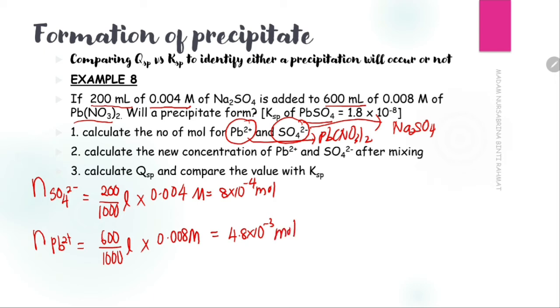The new volume after mixing is 200 milliliters plus 600 milliliters, which equals 800 milliliters. So you need to calculate the new concentrations of lead ion and sulfate ion after mixing by dividing the number of moles of the sulfate and lead ions by the new volume.